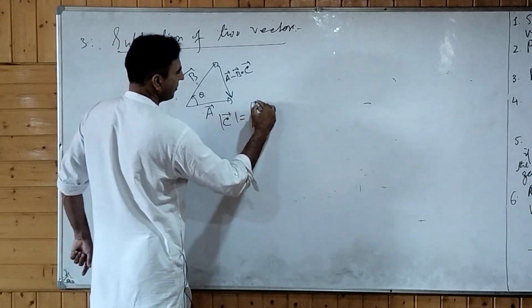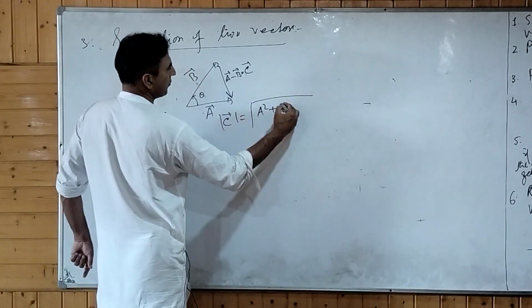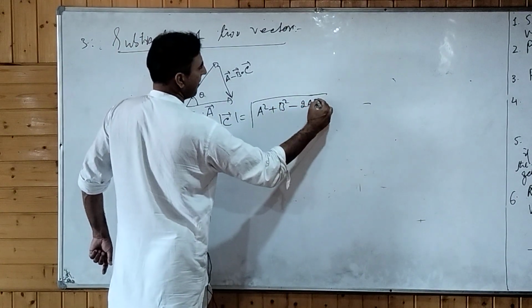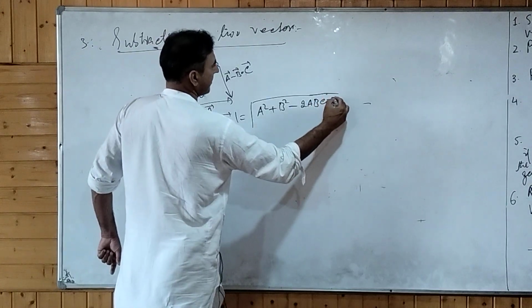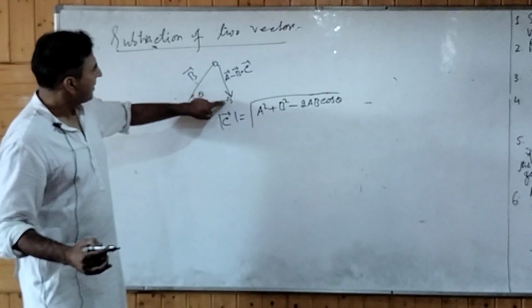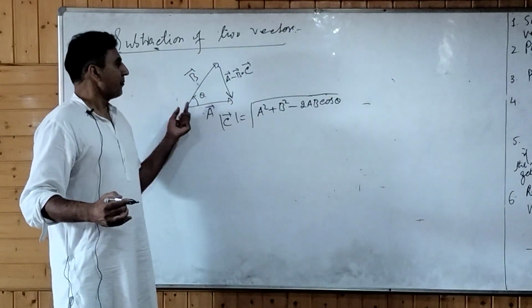That is very simple: root of A square plus B square minus 2AB cos of theta. Geometrically you can find, when you connect the 2 tips, this length will be the magnitude of the difference of the 2 vectors.